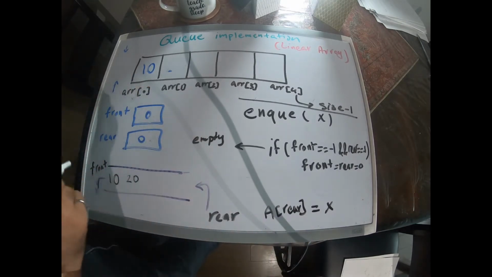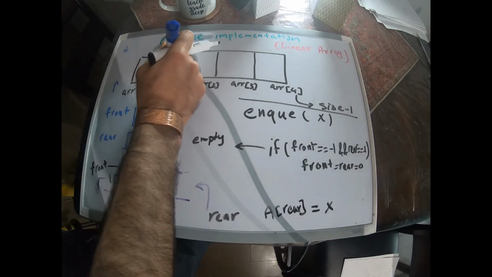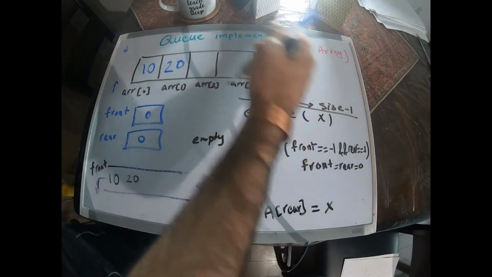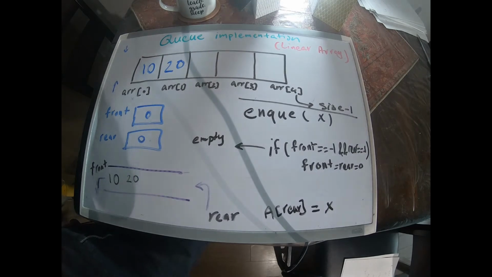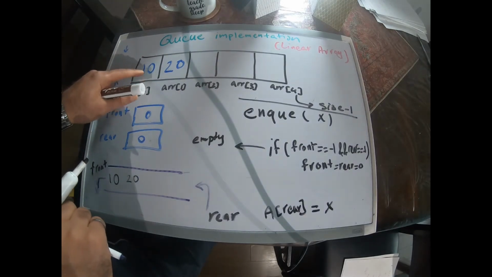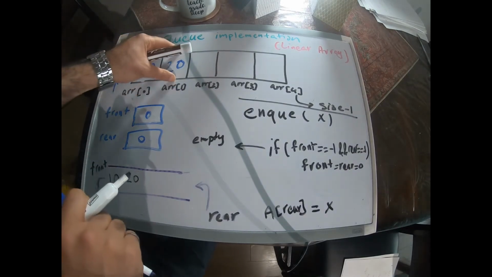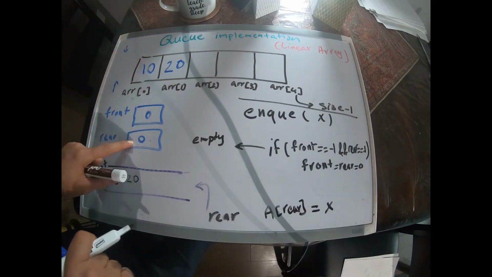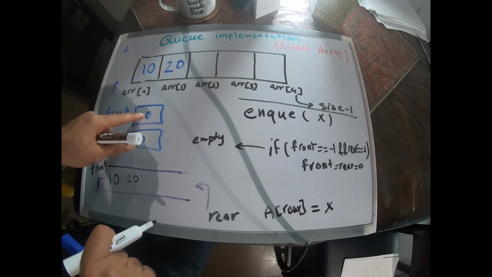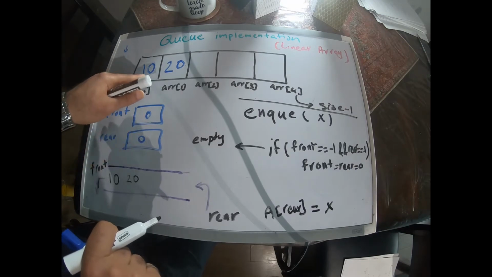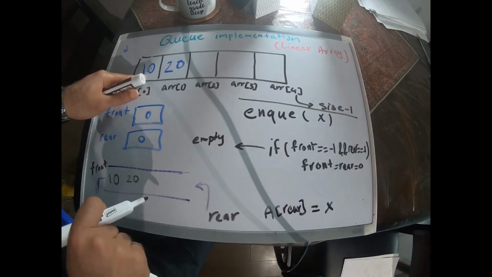Now the next number, which is 20, it should go here. You remember we inserted from the rear, so it should go here. Do we have to increment the front? At this point, this is the front, this is the rear. And front is 0, rear is 0. Do we have to increment front? No, because our front didn't change, right?